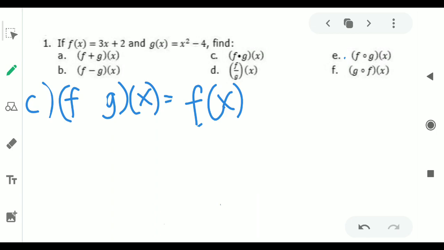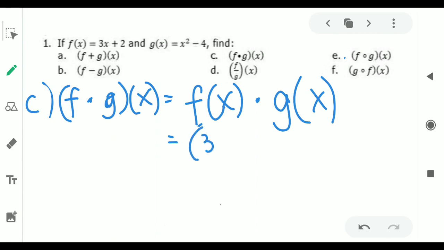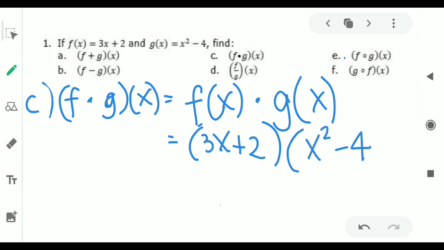So, f times g of x is f of x times g of x. Okay, so that means we multiply 3x plus 2 by x squared minus 4.